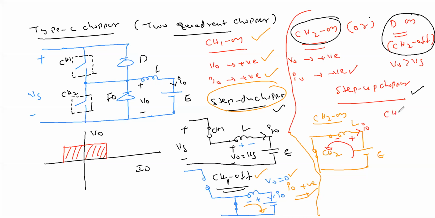Now when CH2 is off, then this current must forcefully go through the diode. Then D is on, this is on. Then what will happen? Current starts going to this.